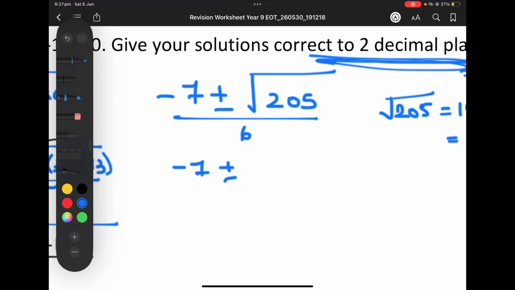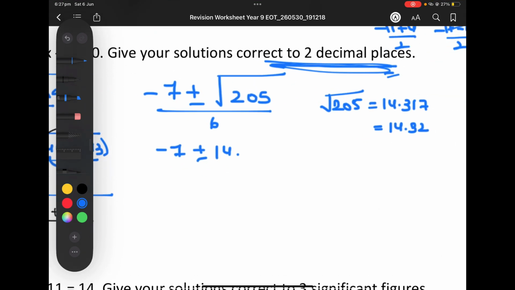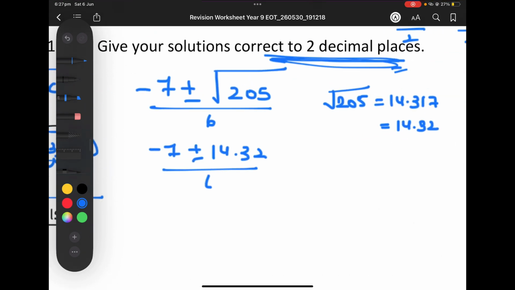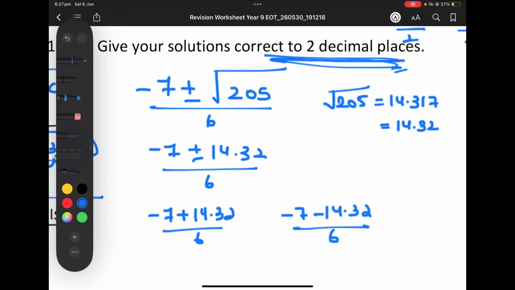So minus 7 plus or minus 14.32 divided by 6. Now split it. Minus 7 plus 14.32 over 6, and minus 7 minus 14.32 over 6. Solve the numerators, then divide by 6 and you get your answer. So minus 7 plus 14.32 is this much, then divided by 6, it turns out to be 3.66 for this one.